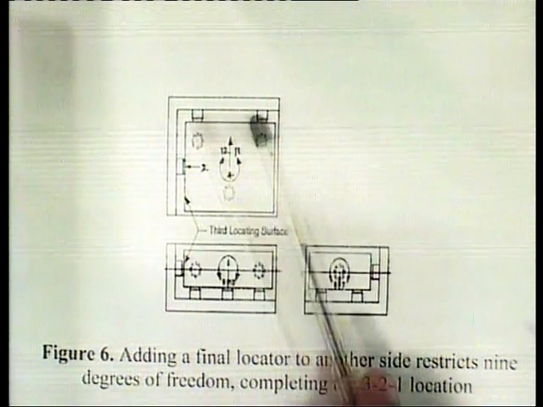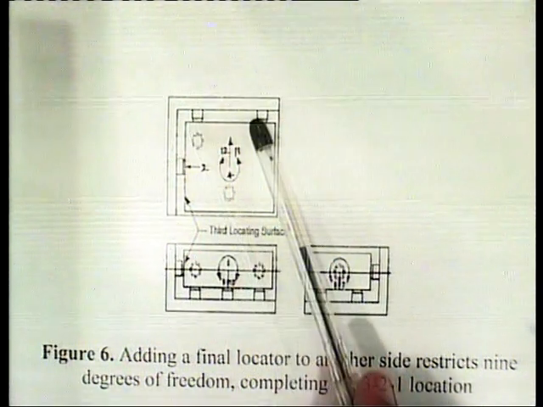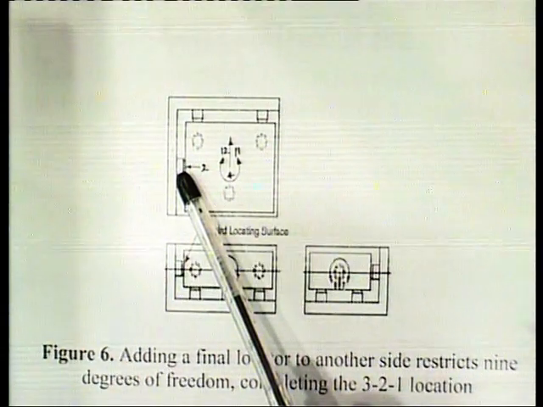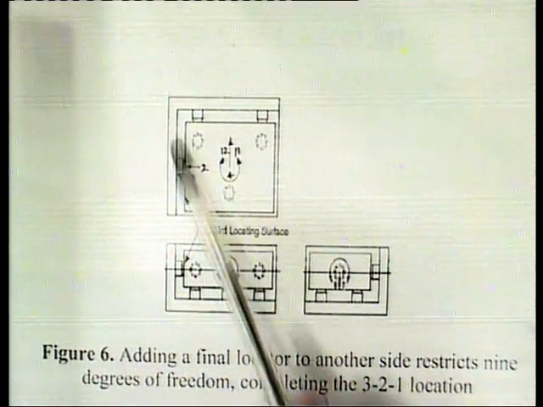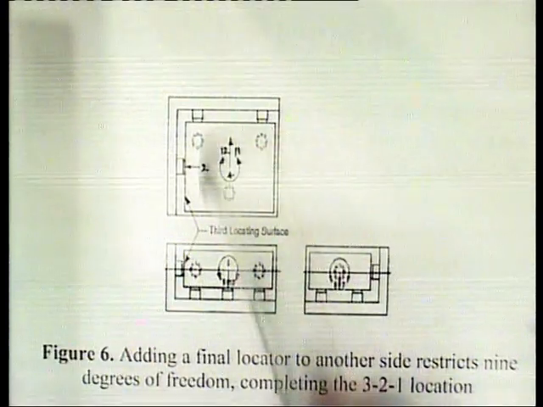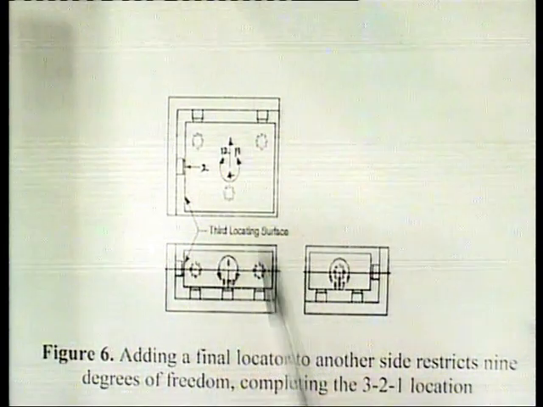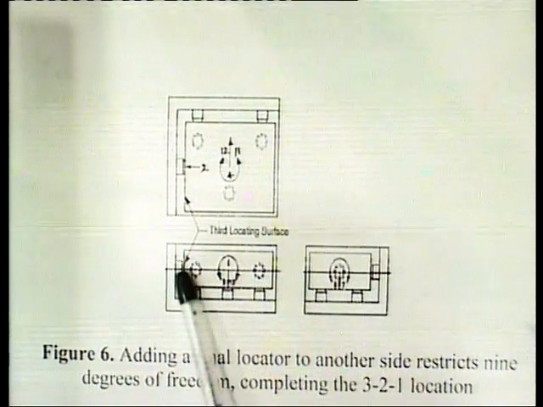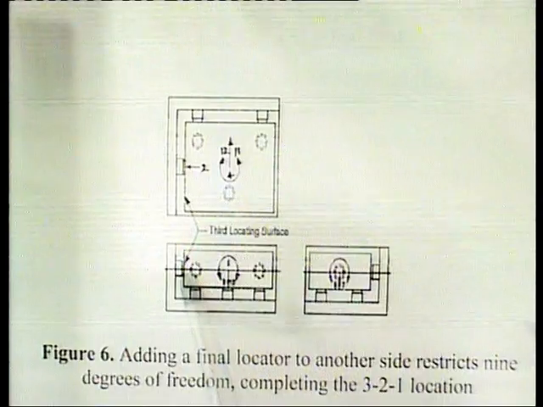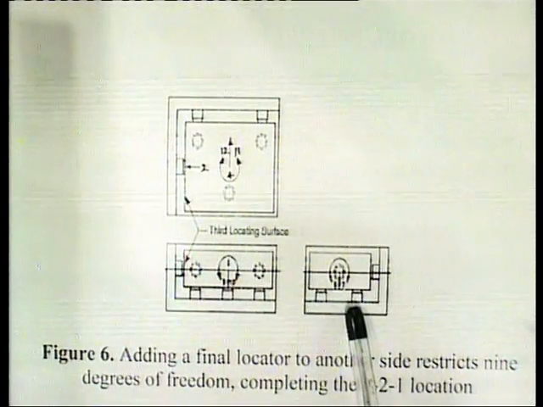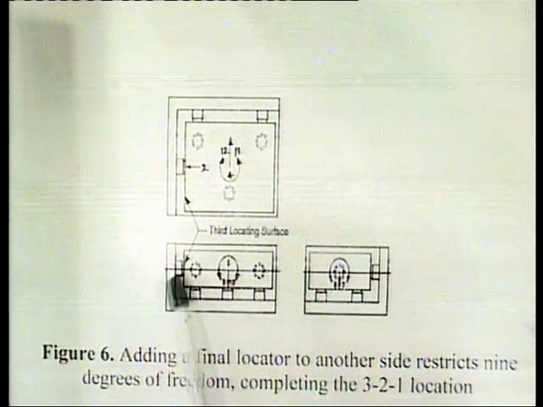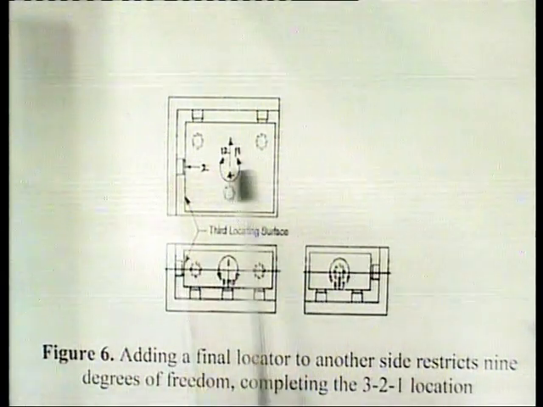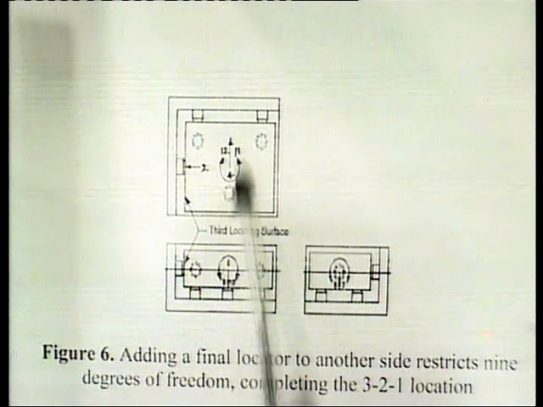These are 2 locators we have already placed on one side, and this is the 6th locator placed on the other side. This is the top view of this arrangement and this is the front view. We can see that this is the additional third locator we have now placed, and this is the side view of this arrangement.